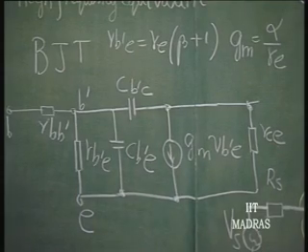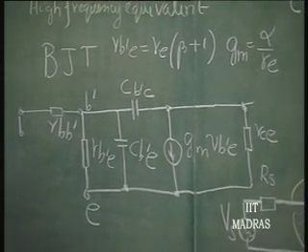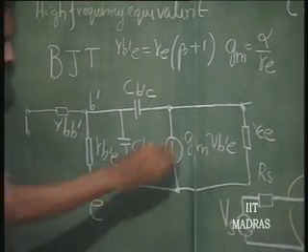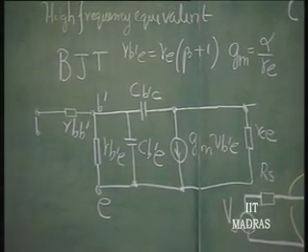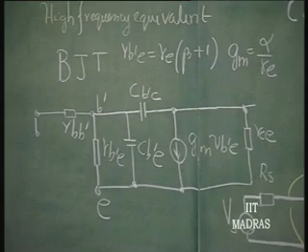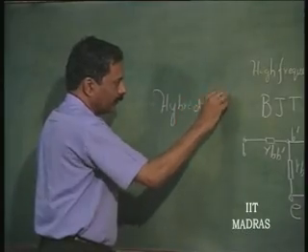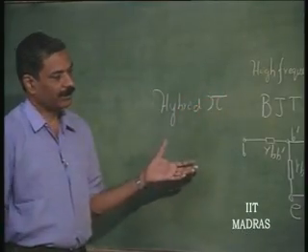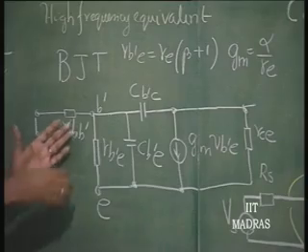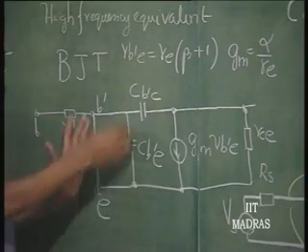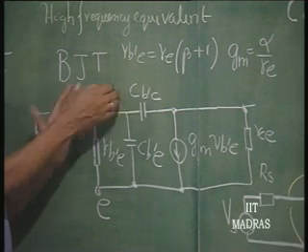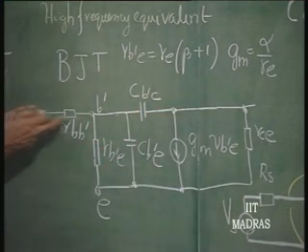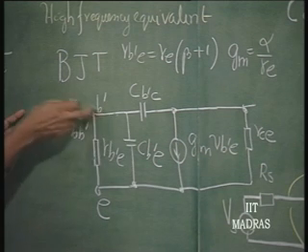So, this is what is called the hybrid pi equivalent circuit for the BJT. Hybrid because this arm and this arm form a pi, but there is a T added to this, an L added to this.